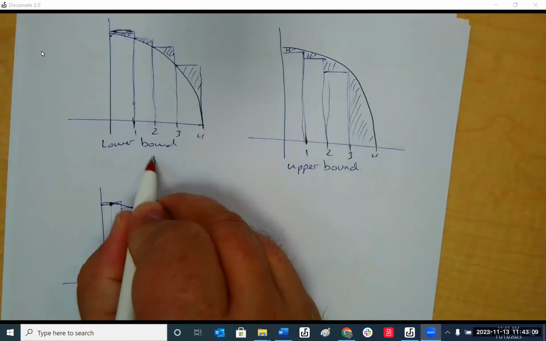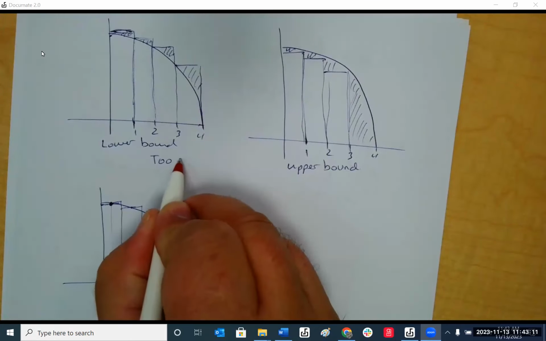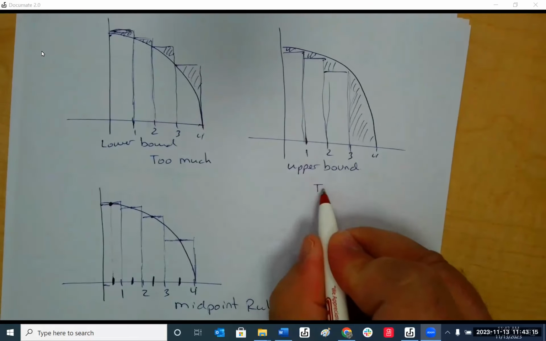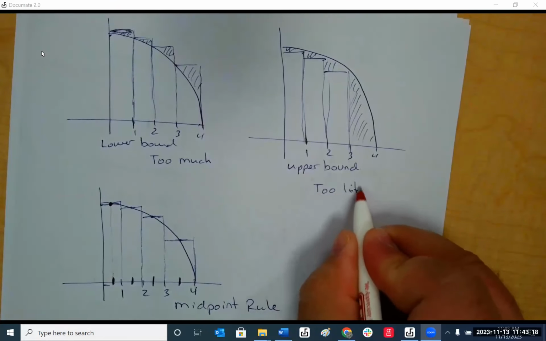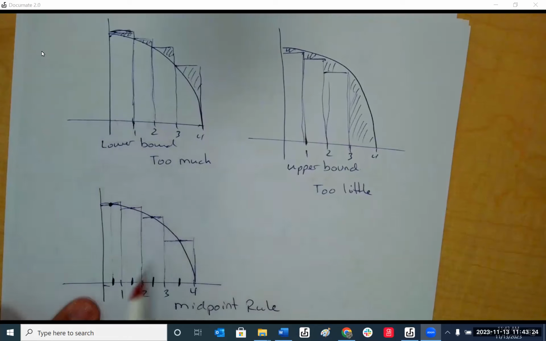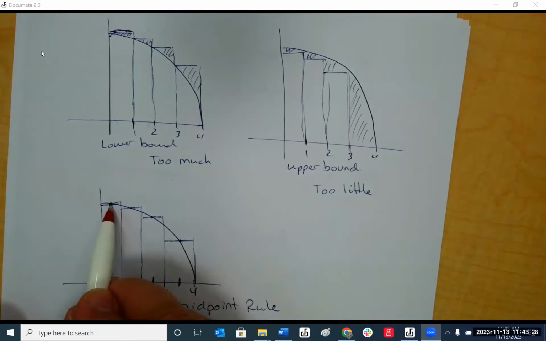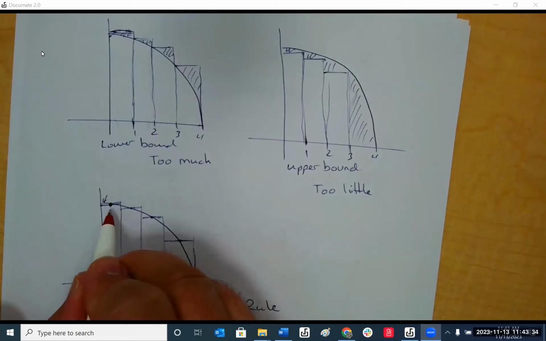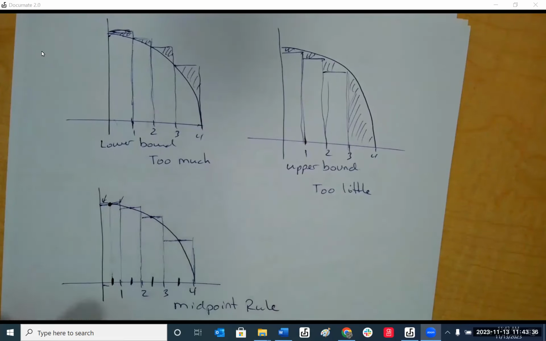This one's too much. This one's too little. So how does this one work? From this first interval, I take the average of that midpoint. And where that touches the graph, I draw a horizontal line. Because I miss this, but I have too much here.